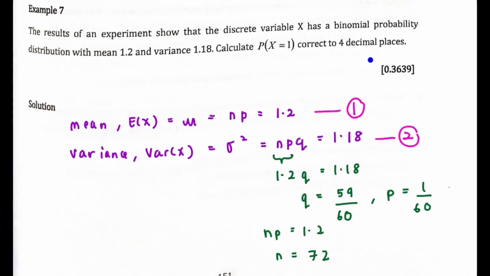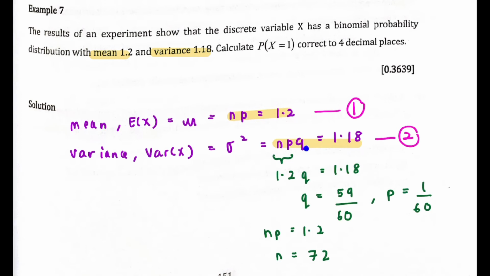So you are given two pieces of information, the mean and the variance. The mean formula is np, which equals 1.2, and the variance formula is npq, which equals 1.18. Let's say this is your first equation and this is your second equation. So you have to find all the unknowns n, p and q.